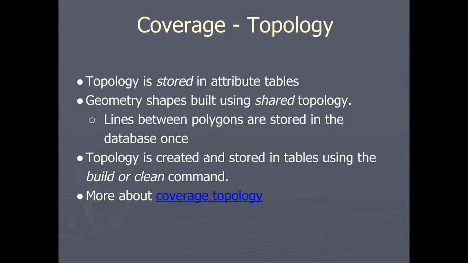With the coverage, the important thing to understand about topology is that topology was stored in the attribute tables. The lines that were connected to lines and the polygons to the right and the left of other polygons were all kept in the attribute tables. This was a great way of doing it back then, but is not the best way of doing it today. Back then, we read from disk often.